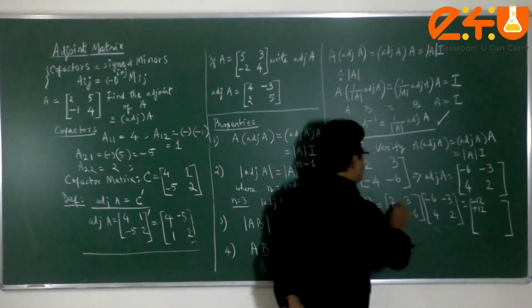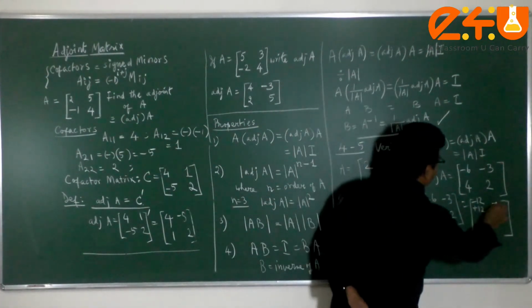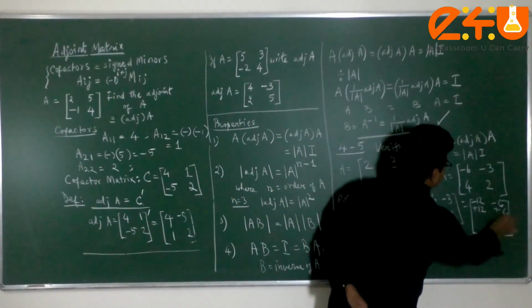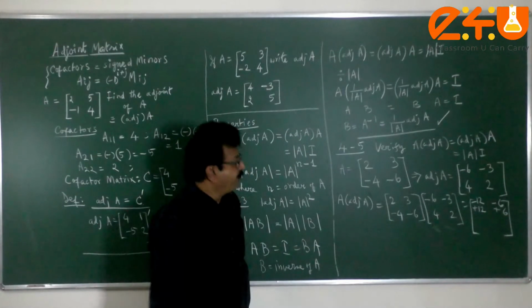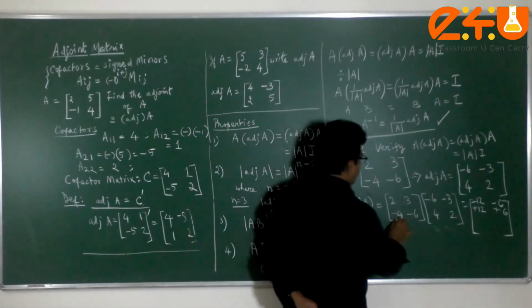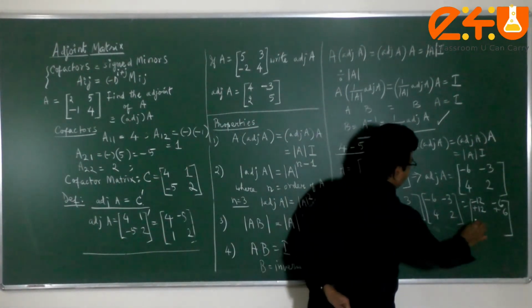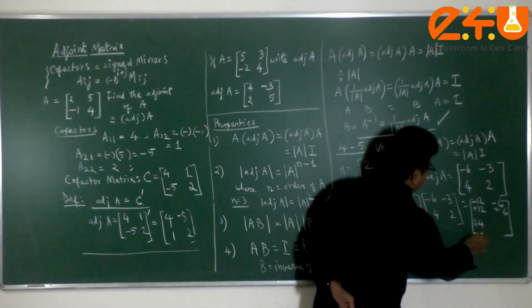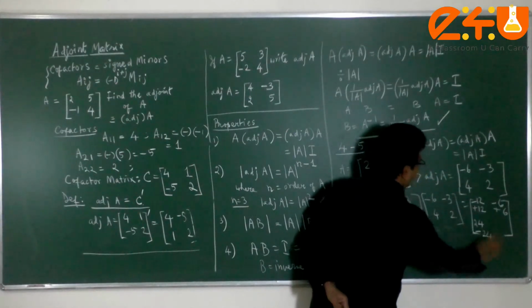Next, 2 times of -3, -6, 3 into 2, positive 6. Done. Second row, first column, -4 into -6 makes positive 24. -6 into 4 makes -24.